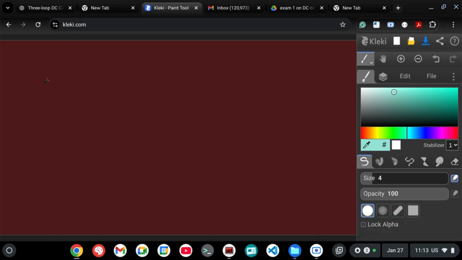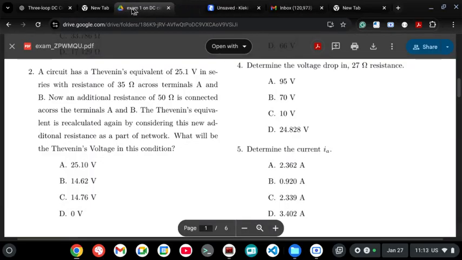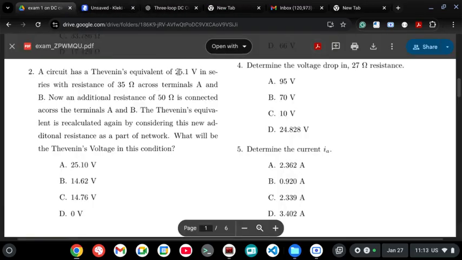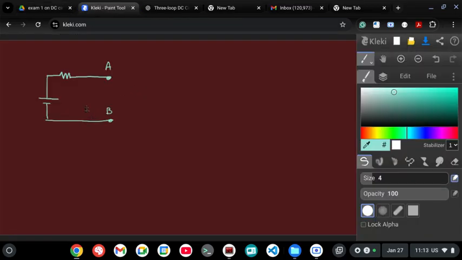Thevenin's. Okay, so how does it look? There will be a voltage source in series with a resistance. This is terminal A and terminal B, and the voltage source value is 25.1 volts, and the resistance is 35 ohms.